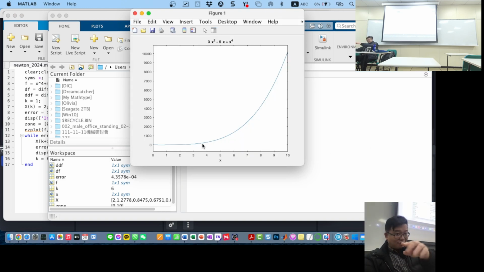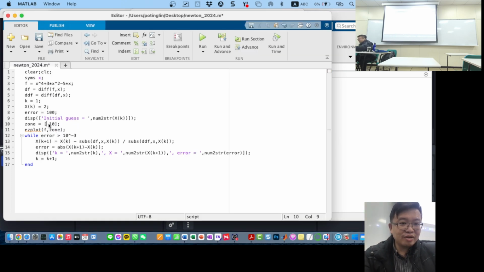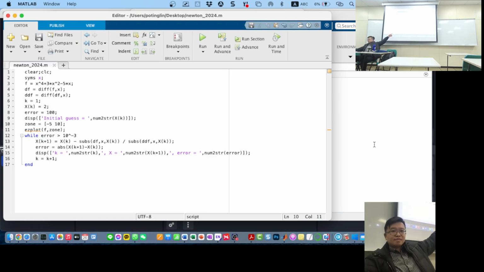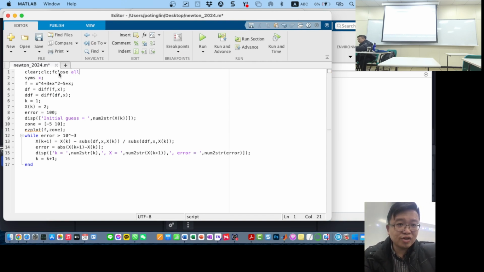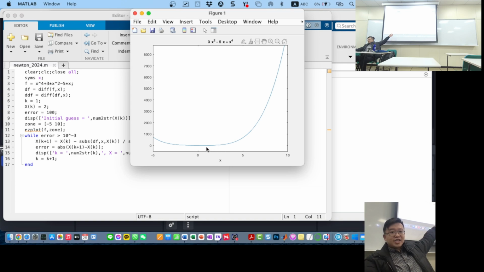That's the kind of function with a very flat bottom. Let me plot from -5 to 10. Oh, I should say close all, function close, so it will replot. So you can see it has a very flat bottom, but there's a minimum right there.